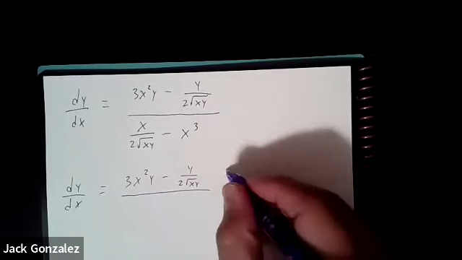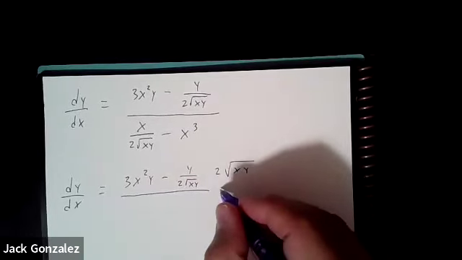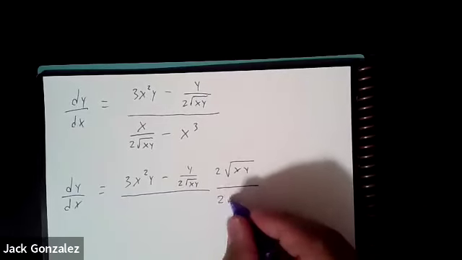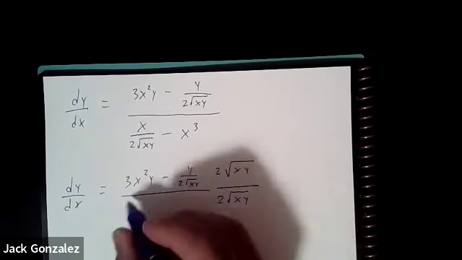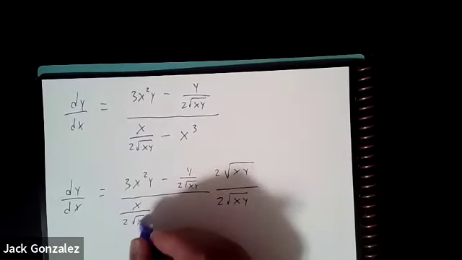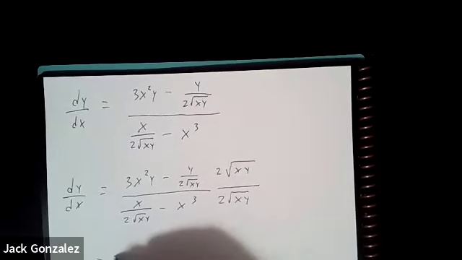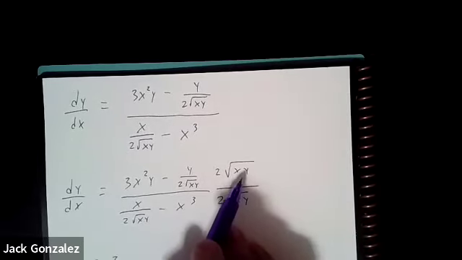So multiply by 2 square root xy over 2 square root xy. It should take the top one, but if it doesn't, we'll distribute this top part here.